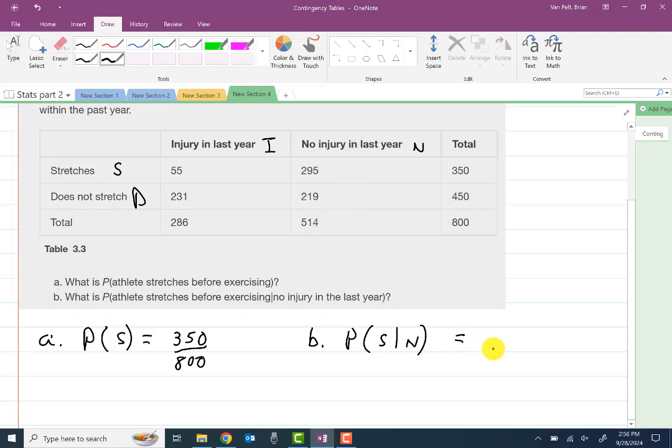That's like our sample space for this particular question. Then just go to the block that talks about those who stretch. That would be 295 of them.